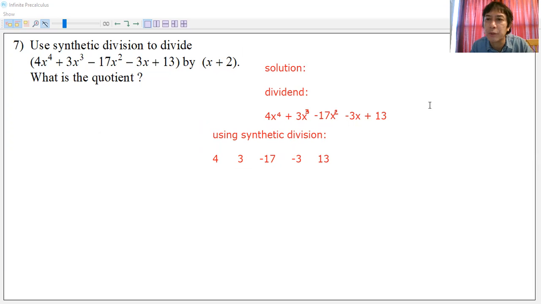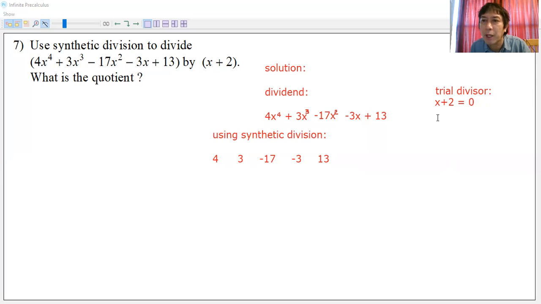Let's start with x plus 2 equals 0. Solve for x.